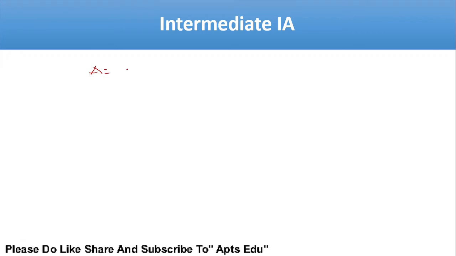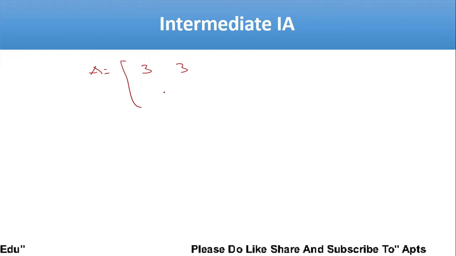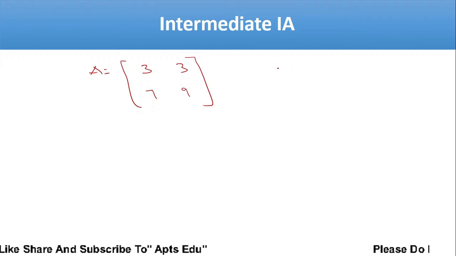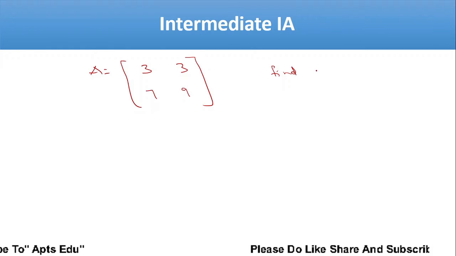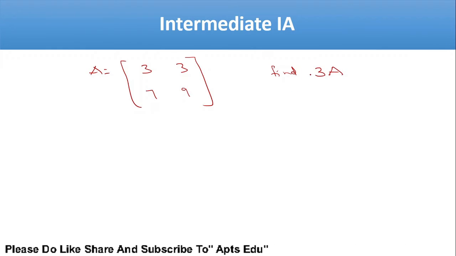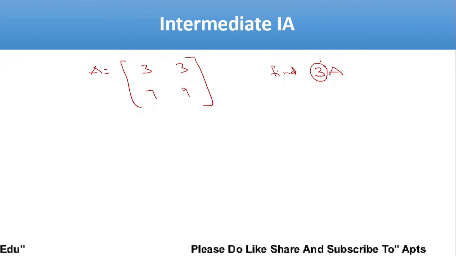Let us assume they gave 3, 3, 7, 9. If they ask you to find 3A, here 3 is some scalar.